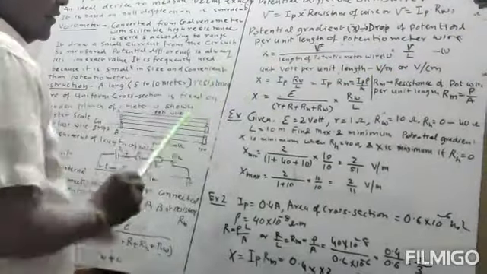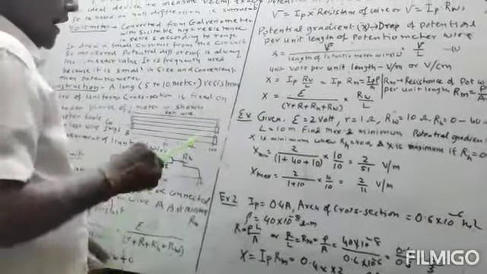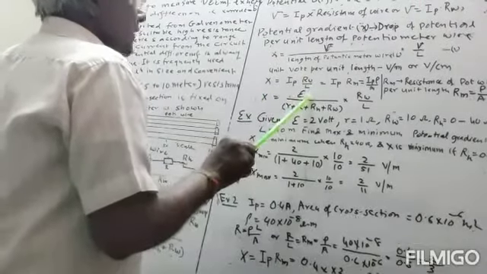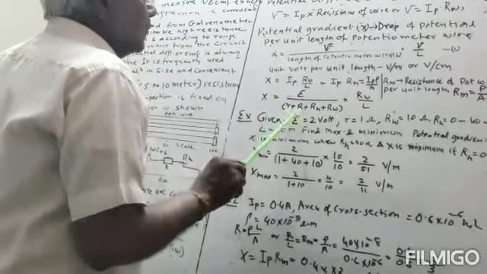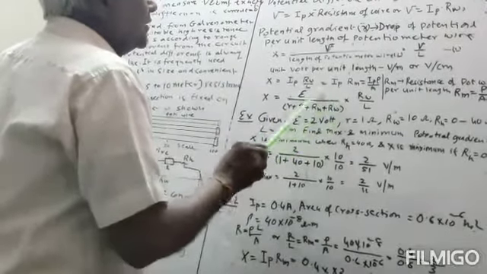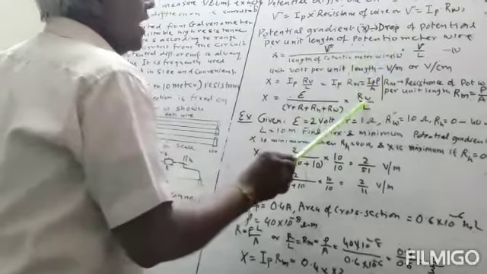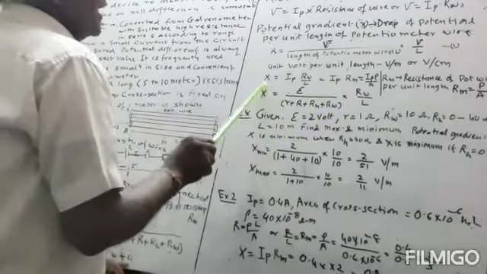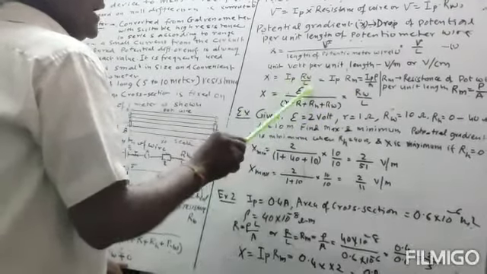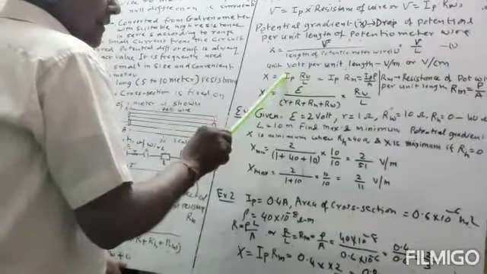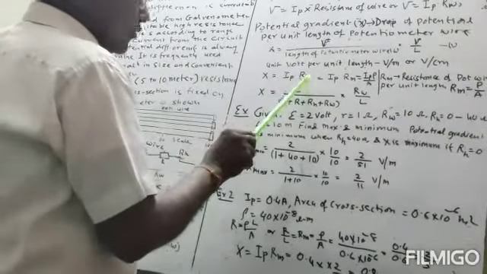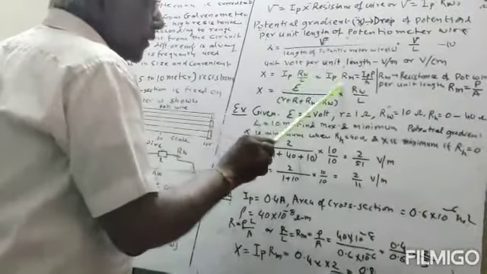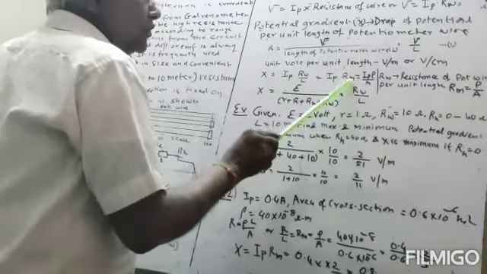Second way, we substitute the value of IP. IP is equal to the EMF of the battery divided by r plus capital R plus RH plus Rw. So X is equal to IP into Rw divided by L. Similarly, we can write X is equal to IP into Rw by L, that is V by L. And Rw by L is also known as Rm, which is the resistance per unit length of the potentiometer wire.